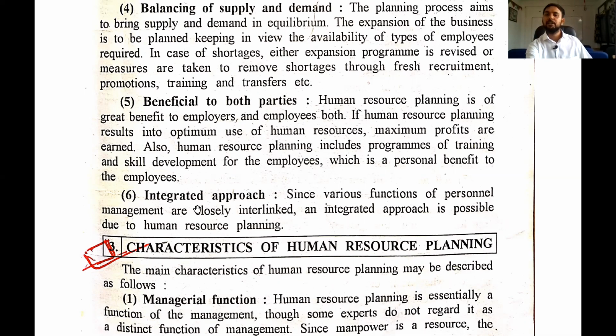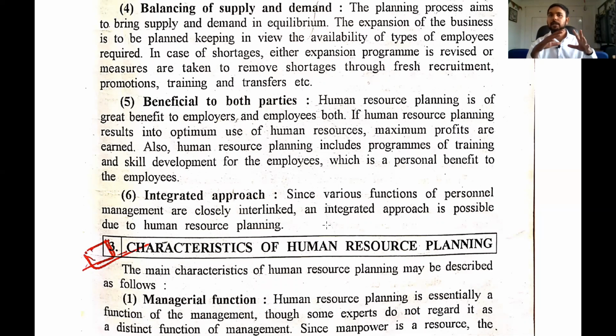And the sixth ingredient is the integrated approach. Since the various functions of personnel management are closely interlinked, an integrated approach is possible due to human resource planning. Means all the functions of human resource management are integrated with each other.